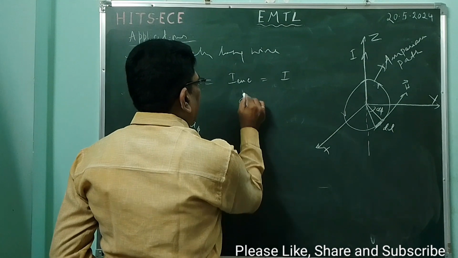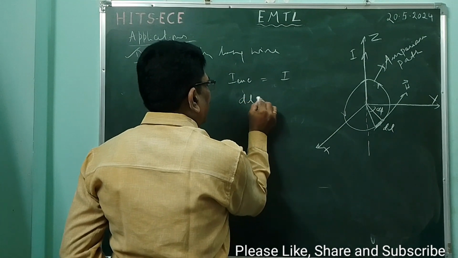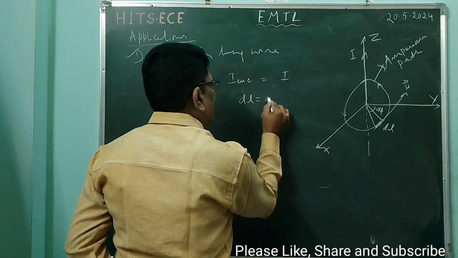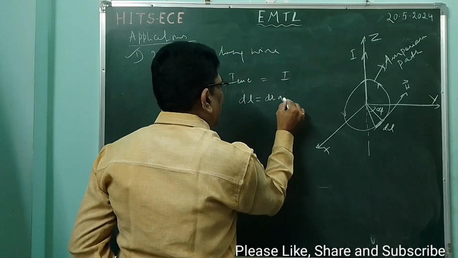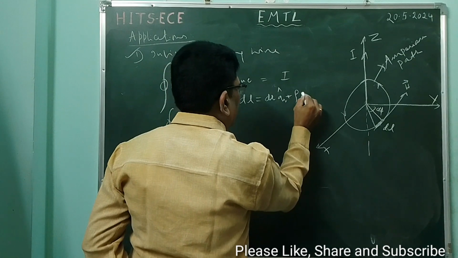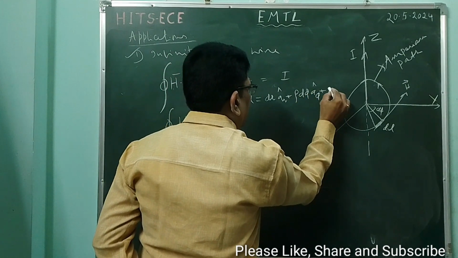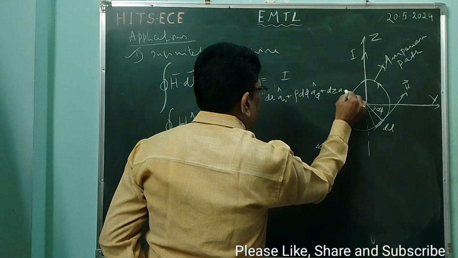I have already covered that the differential length in cylindrical coordinates is dρ aρ cap plus ρ dφ aφ cap plus dz az cap.